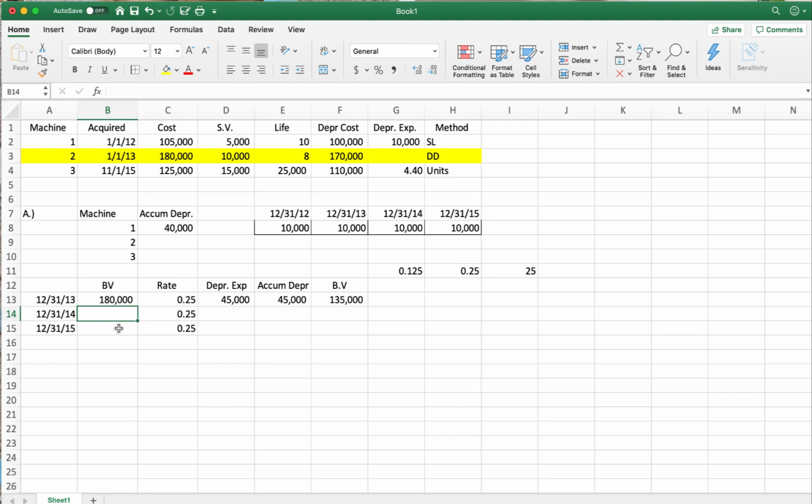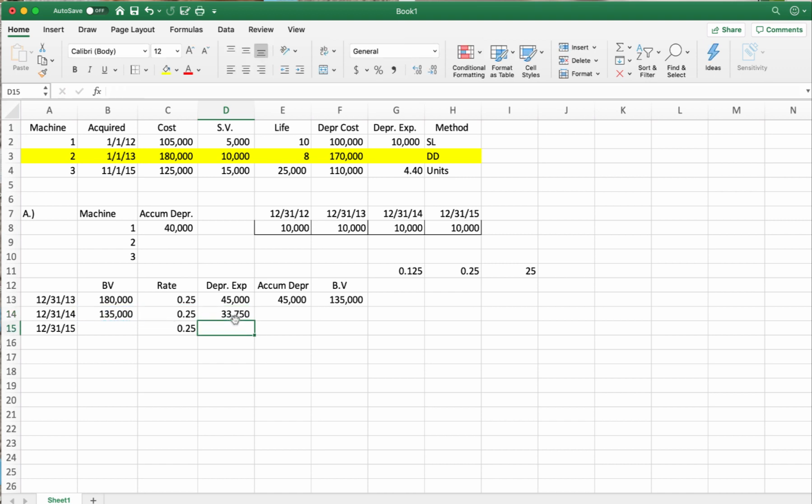Okay. Year 2. What's my book value? Well, one year's ending book value is going to be the next year's beginning value, okay? So my book value at the beginning of year 2 is $135,000. I then multiply that by my rate of 25%.